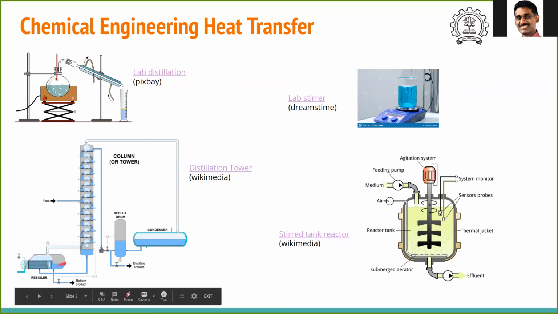This alone is a very huge heat exchanger, which could be several meters in diameter, and maybe about 10 to 20, 30 meters in length. It's a huge setup. And this could be up to 50, 60, or sometimes even much more than that meters in height.